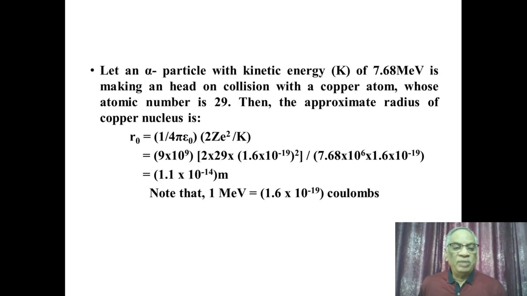R0 is equal to 1 by 4 pi epsilon naught into 2 Z e square by K. Substituting all the values: 1 by 4 pi epsilon naught is 9 into 10 to the power 9, 2 into Z, which is 29, into 1.6 into 10 to the power minus 19 square, divided by the kinetic energy 7.68 mega electron volts into 1.6 into 10 to the power minus 19. That gives 1.1 into 10 to the power minus 14 meters, where 1 mega electron volt is taken in joules accordingly.